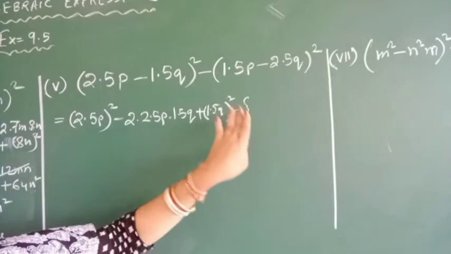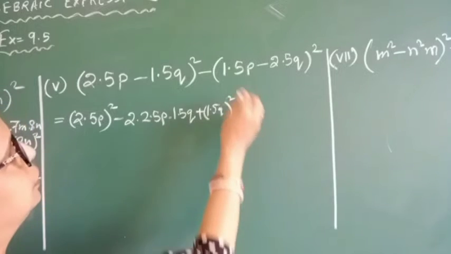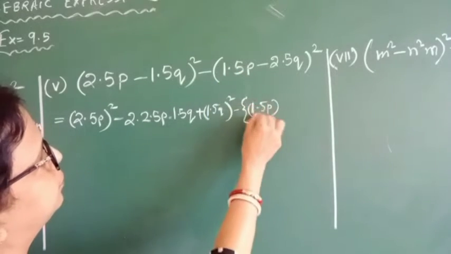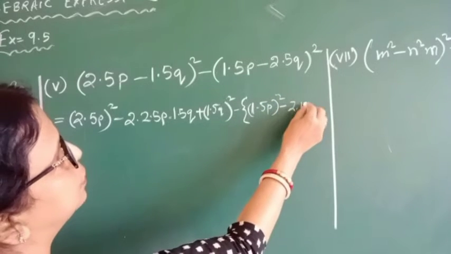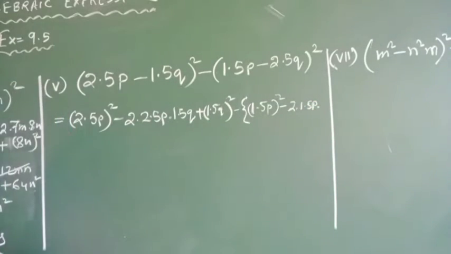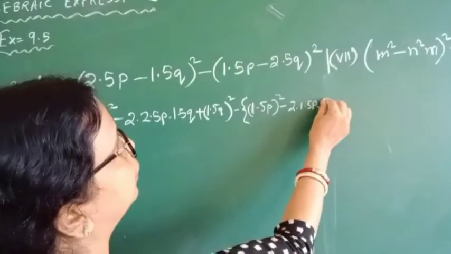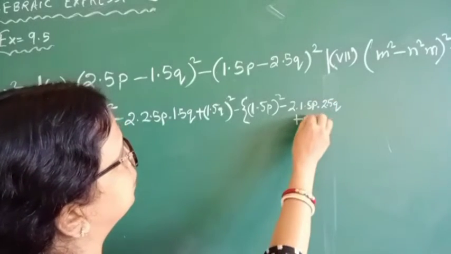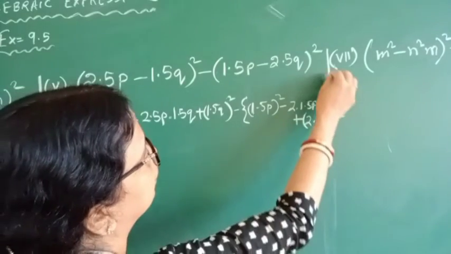So be careful, use another bracket to write the values: (1.5p) whole square, that is a square, minus 2 into 1.5p into 2.5q, plus (2.5q) whole square. Okay.